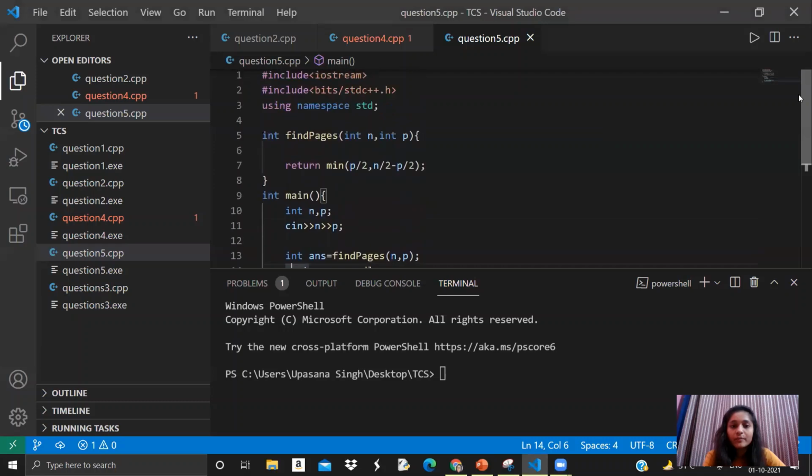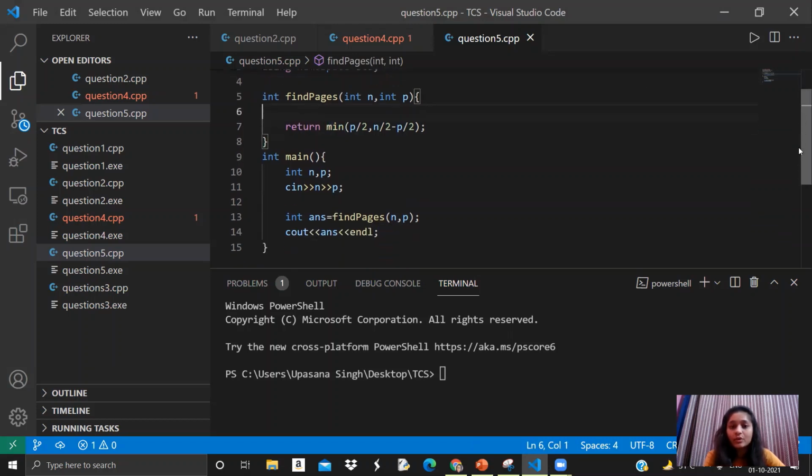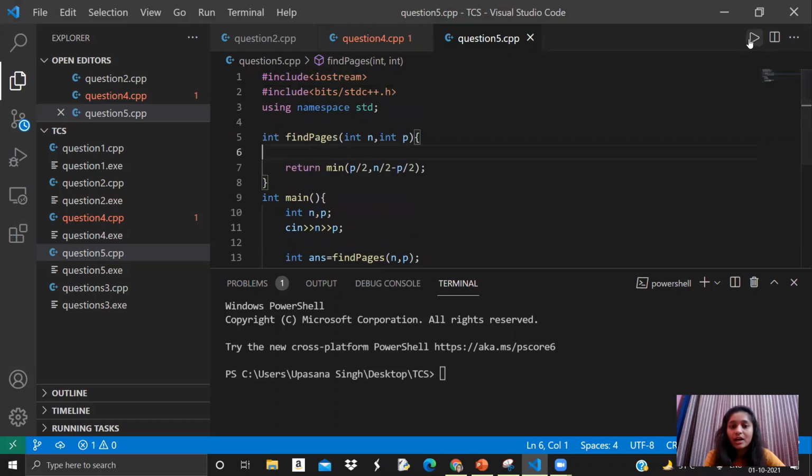So let's see the function. Here's the function. It is pretty simple. I just return the minimum of p by 2, comma, n by 2 minus p by 2, the formula which we have already discussed earlier. Here minimum is the STL function, and now let's run this program so that we can check the output as well.